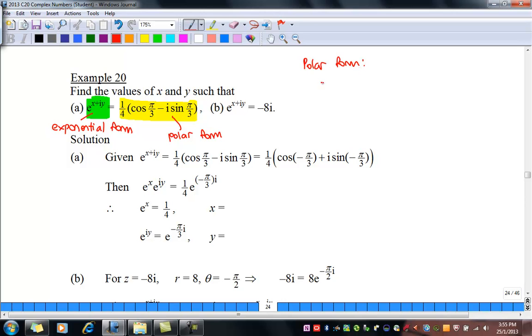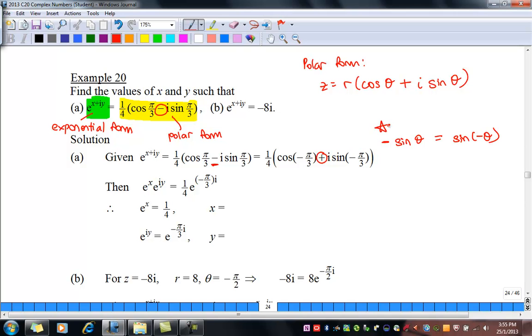Polar form just says that z can be written as r times cos theta plus i sin theta. Yet, over here what I have is a minus sign. Okay, so I can rewrite this. Instead of saying it is minus, over here I can write it as plus, because the negative of sine theta is the sine of negative theta.